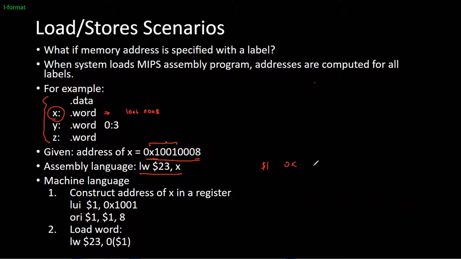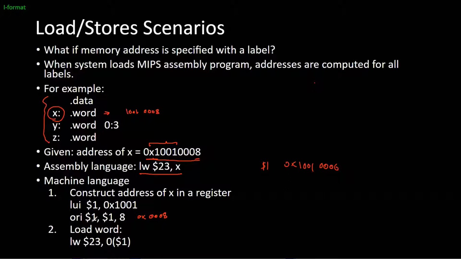At this point, it's going to be 10010000. That's basically constructing this upper part. And then we are doing an OR with the lower part. So this is number 8, or we could also put that lower part in hex.